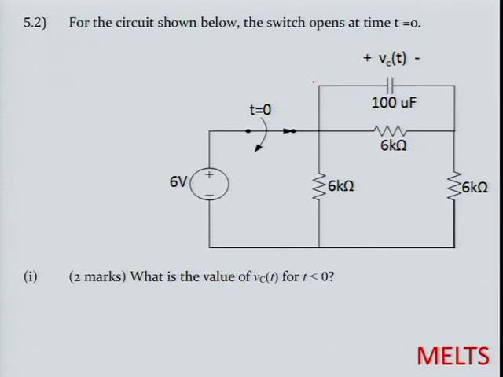So you do a DC steady state analysis of the circuit where the capacitor can be treated as an open circuit, and I want to find the initial voltage. So it's as if the capacitor's not there, and I want to find the voltage on that 6 k ohm resistor up the top.